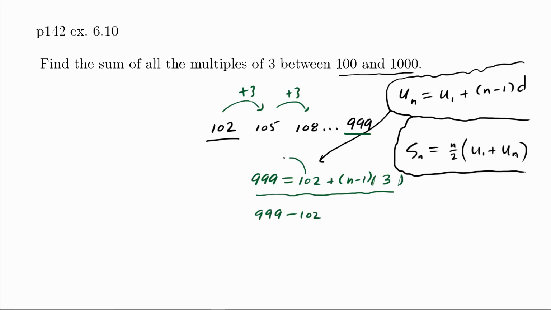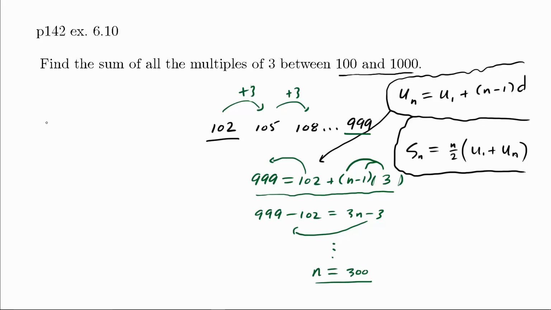I move this number over here, and with distribution we have 3n minus 3. So we throw the 3 over, it becomes positive, and using basic algebra, n equals 300. This is exciting because now we can finally finish off with the bottom formula, which answers the question.